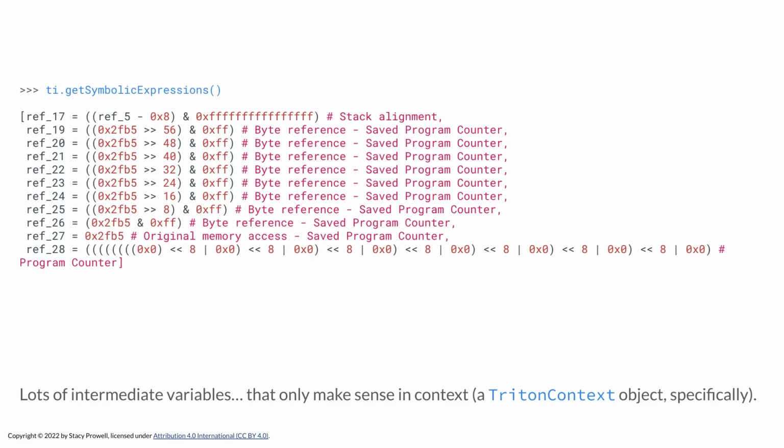Those specify a lot of different information. They mainly are telling me, here's what happens with each of the registers that gets modified. Here's what happens with each of the other pieces. So, again, this also hints at why I need a Triton context. I need a Triton context to tell me what those little things all mean.